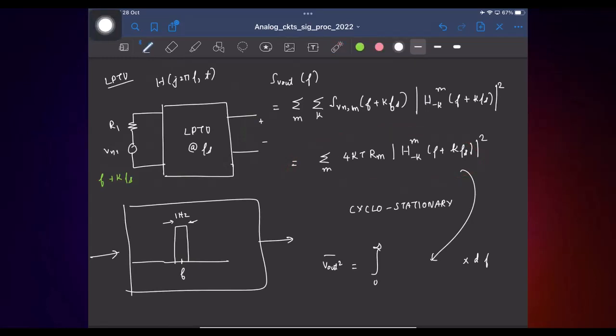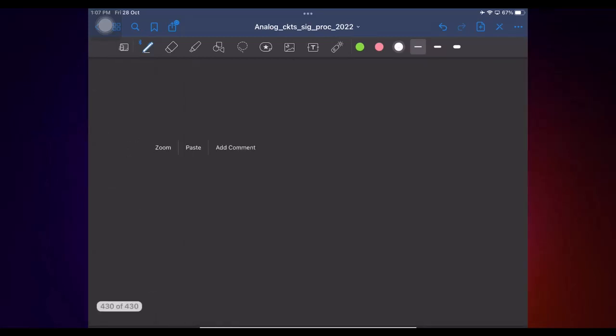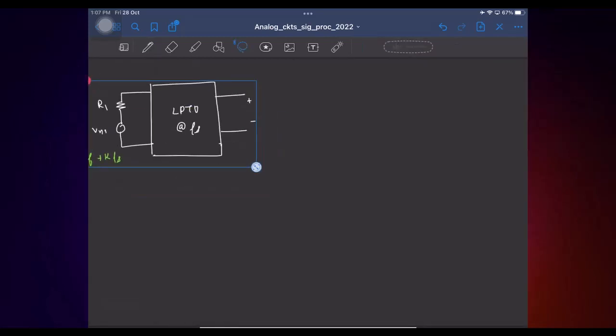But interestingly, as we were discussing some time back, many times we are not interested in the output signal as a function of time. That is, we are not interested in the output for all continuous values of time, but only the samples.